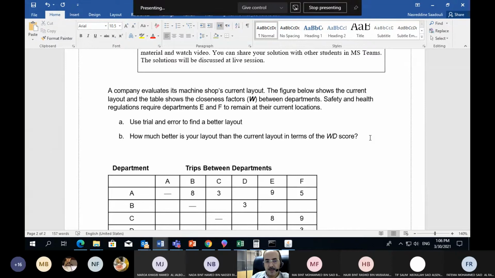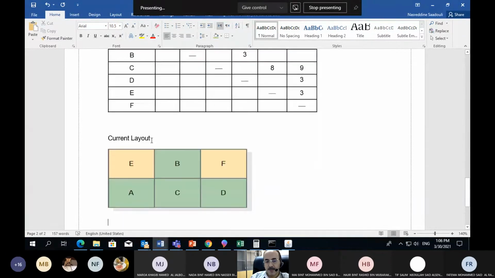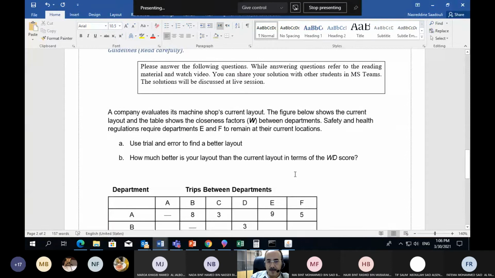Safety and health regulations require departments E and F to remain at their current locations. So this is the current layout, and E and F are required to stay where they are. The question is, first of all, to come up with a new plan using trial and error to find a better layout.